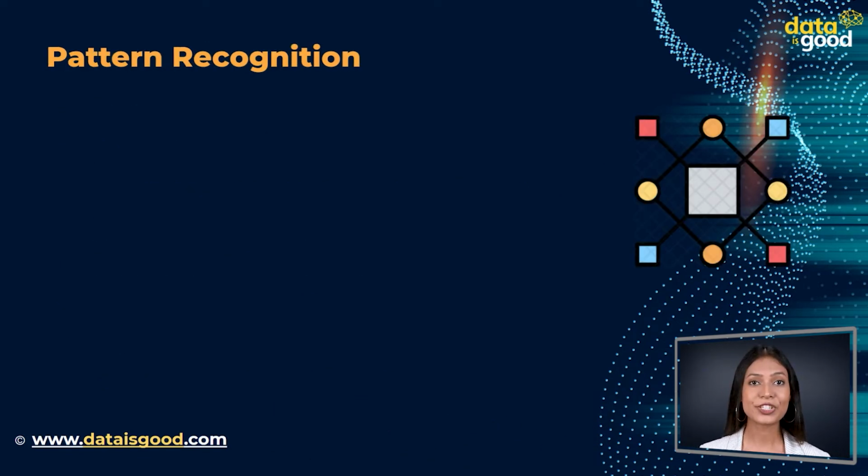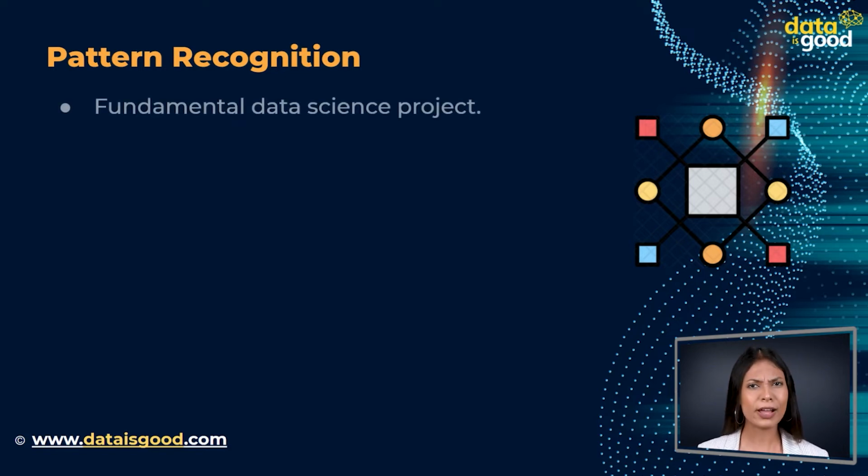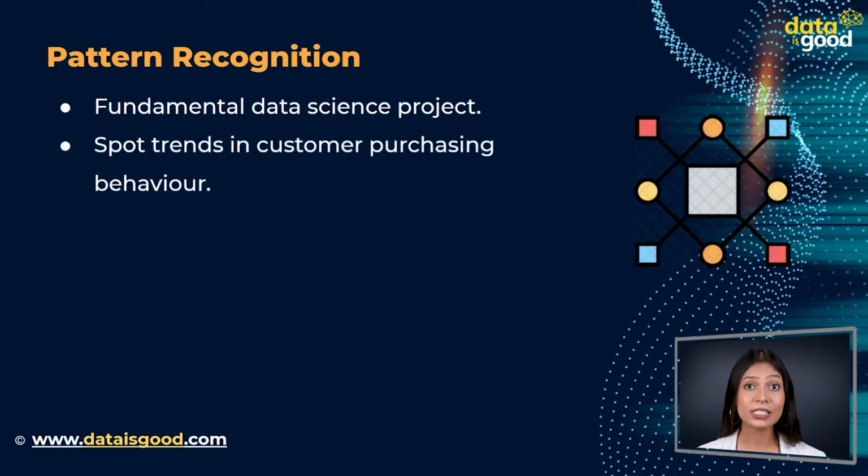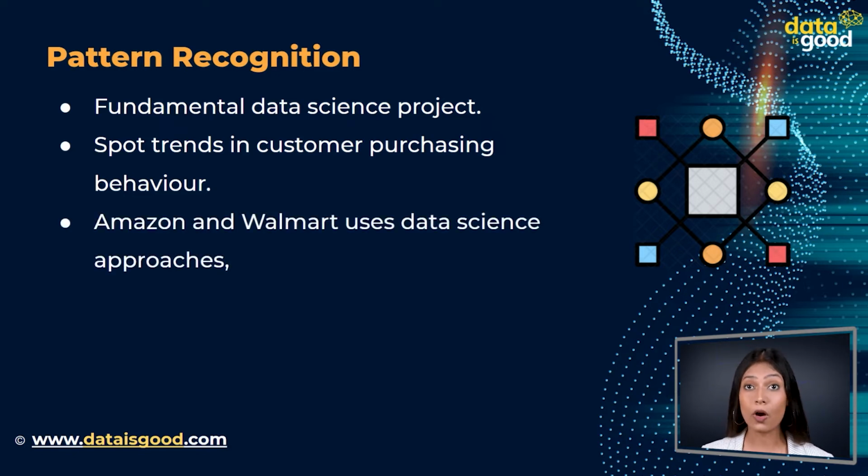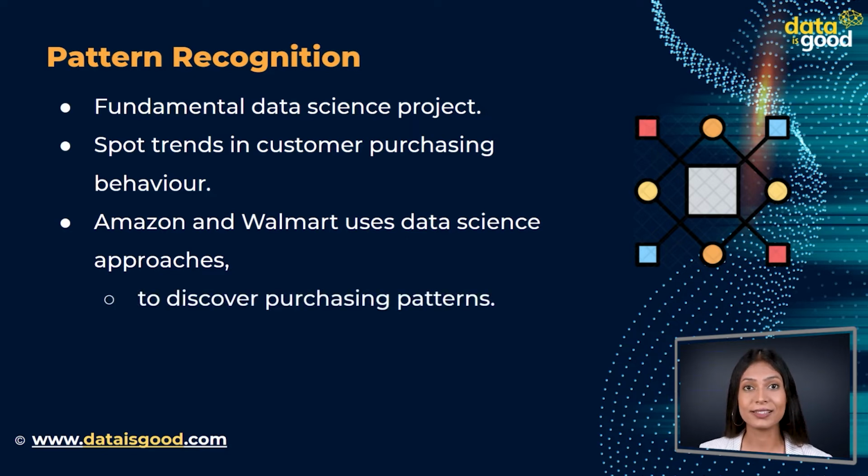The second application of data science is pattern recognition. Identifying patterns in data sets is a fundamental data science project. For example, pattern recognition helps retailers and e-commerce companies spot trends in customer purchasing behavior. Companies like Amazon and Walmart have long used data science approaches to discover purchasing patterns.